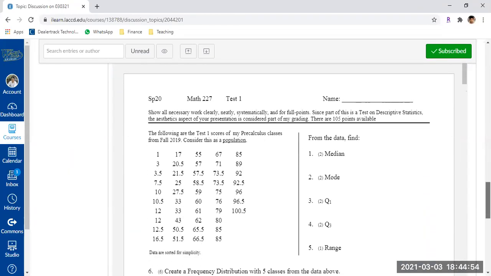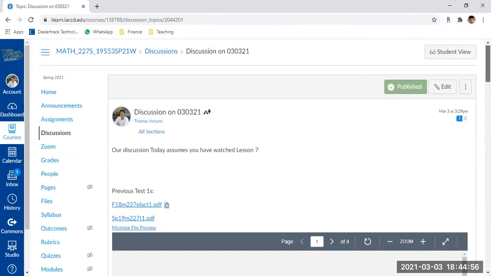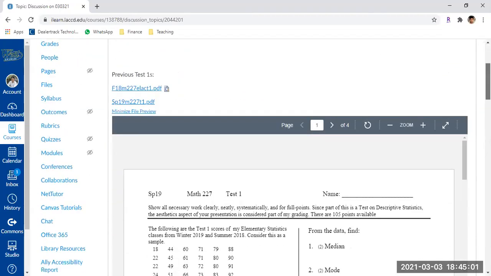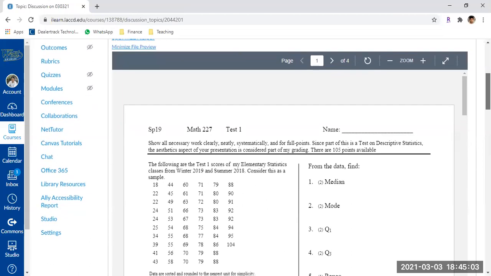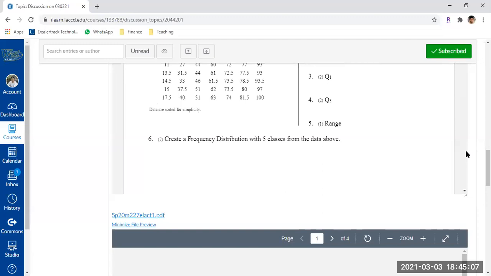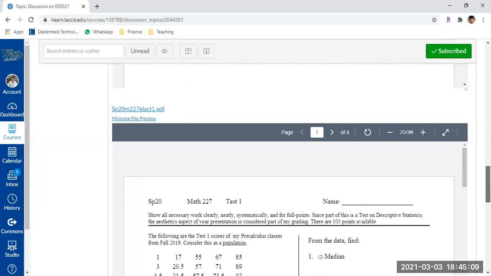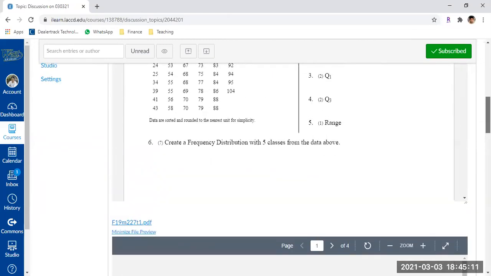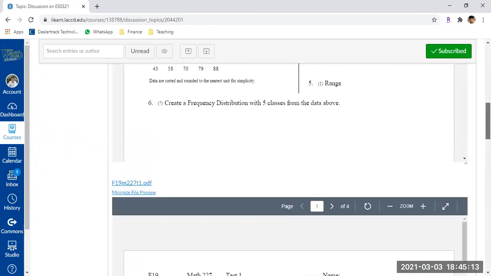No, it's different, all different. Then you have 2 previous tests that you can study from that I already went over, and 2 new tests that I never went over in class.